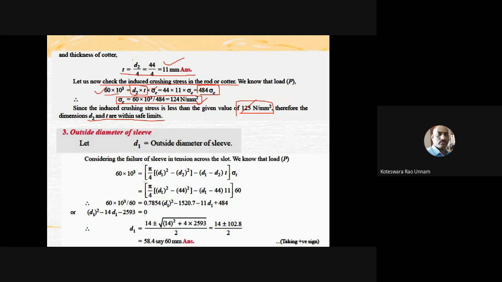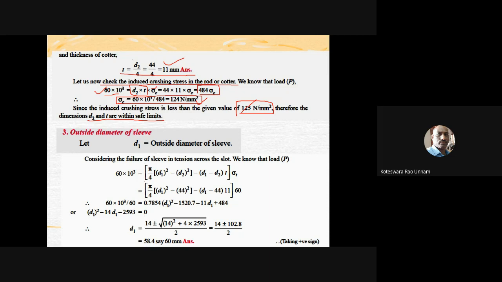Then the next one is we need to calculate D1, that is nothing but the outside diameter of the sleeve. You can calculate this outside diameter of the sleeve just by considering the tearing failure across the slot. Tearing failure of the sleeve across the slot you need to consider.